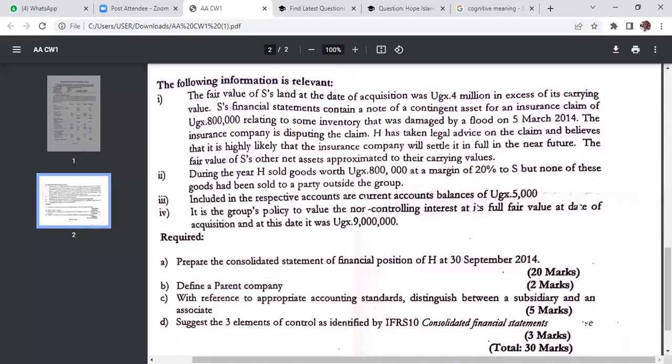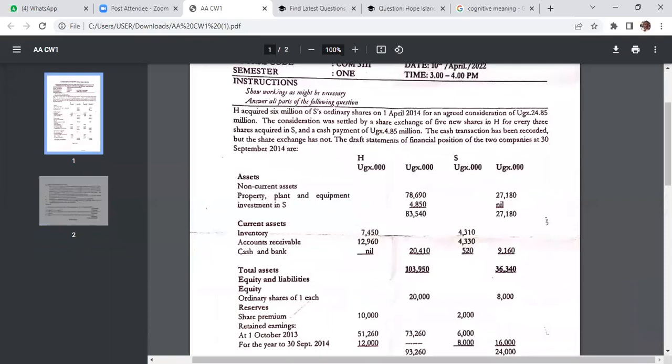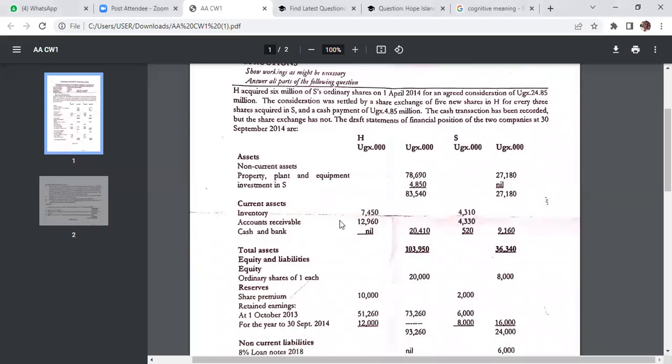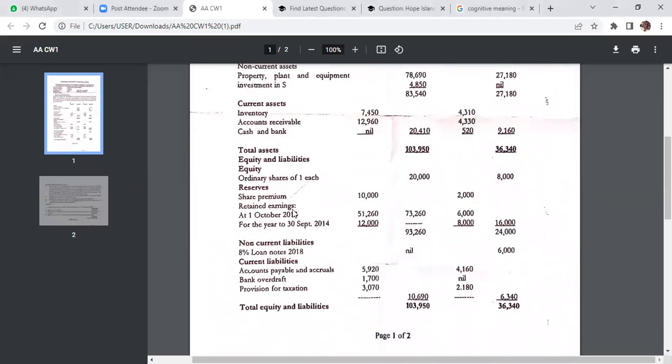So back to our consolidation now, officially. We are wrapping up. I want to finish with this. So kindly, where did you remove all of H? Where did I get it from? It's from this thing here. Retained earnings for H. This is H's book.